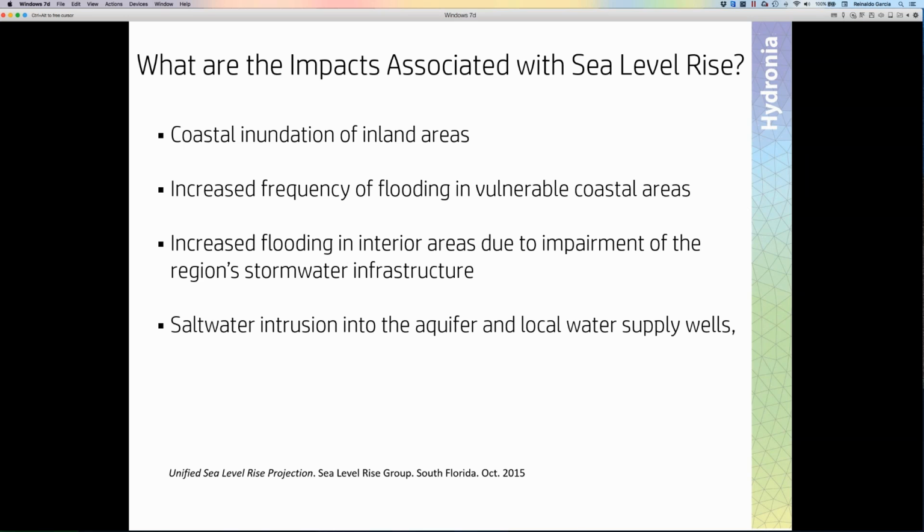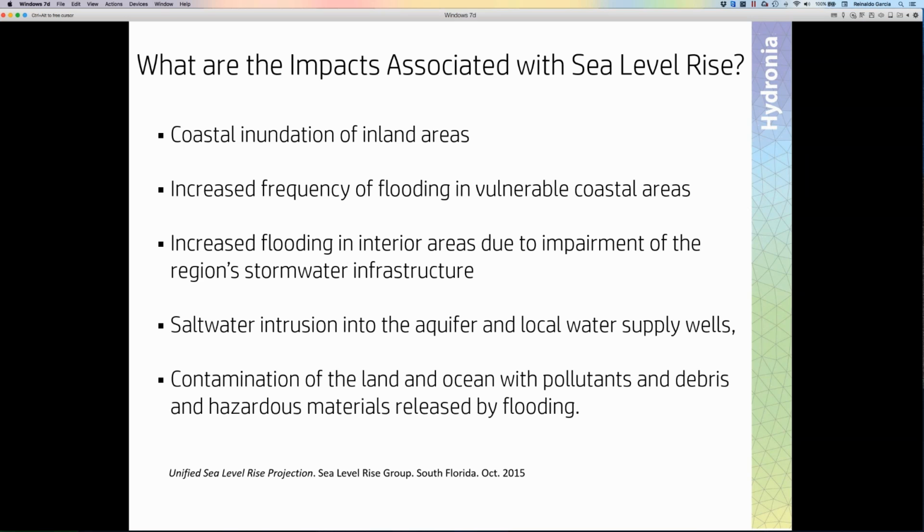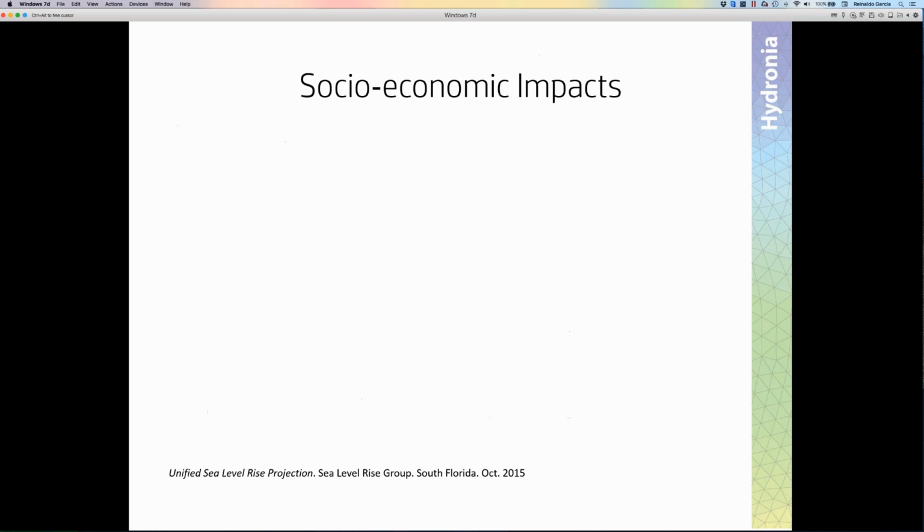Then you have other effects that are not necessarily related to flooding, but they generate some impacts also. For example, saltwater intrusion in aquifers, where areas that depend on wells for water need to abandon some wells because of saltwater intrusion. And there are a lot of issues related to contamination and the transport of pollutants in coastal areas due to flooding.